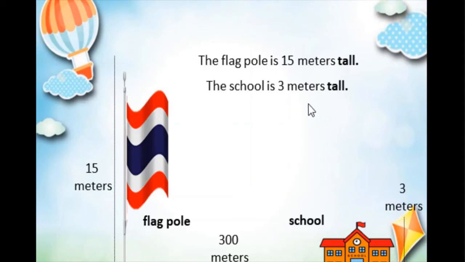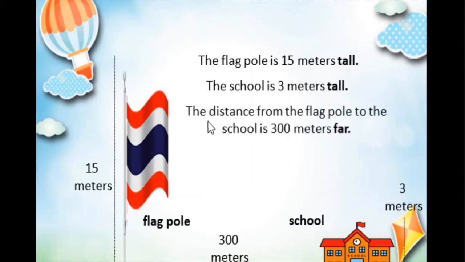Alright, and lastly, the distance from the flagpole to the school is how many meters? Look at the figures. How many meters is the distance from the school to the flagpole, or from the flagpole to the school? It is 300 meters.